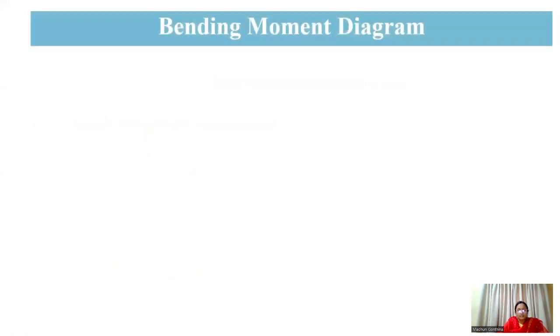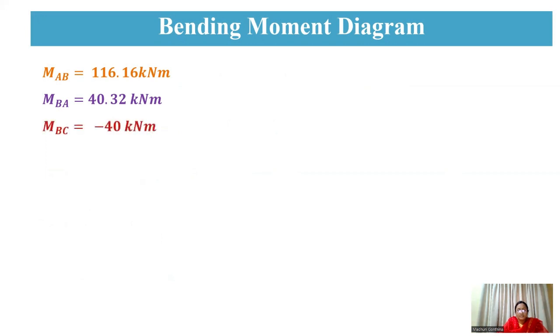So again, writing all these values: MAB is plus 116.16 kilonewton meter, MBA is 40.32 kilonewton meter, MBC is minus 40 kilonewton meter, MCB is minus 19.73 kilonewton meter.